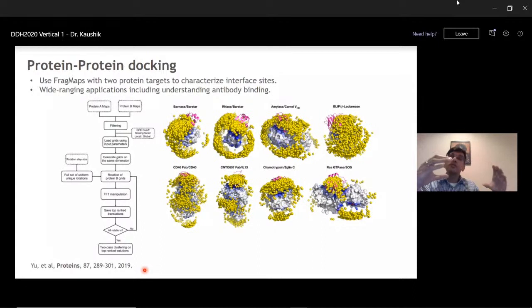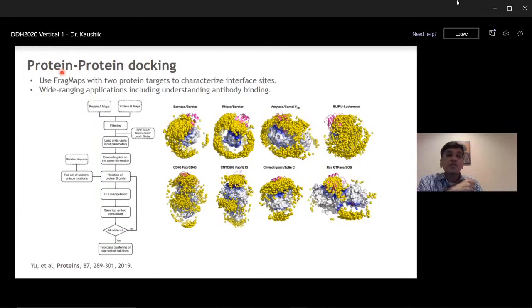So you take your two proteins of interest, run separate silk simulations with each of these proteins, and get the affinity patterns. And once you get those affinity patterns, you can then see how those two patterns could potentially dock with each other by registering complementing ways in which the two frag maps bind. So for instance, if you have a patch of negatively charged frag maps on protein A and a patch of positively charged frag maps on a protein B, you can then consider permutations and combinations in which these two complementary frag maps are talking to each other and thereby engaging how the two proteins could potentially dock with each other.